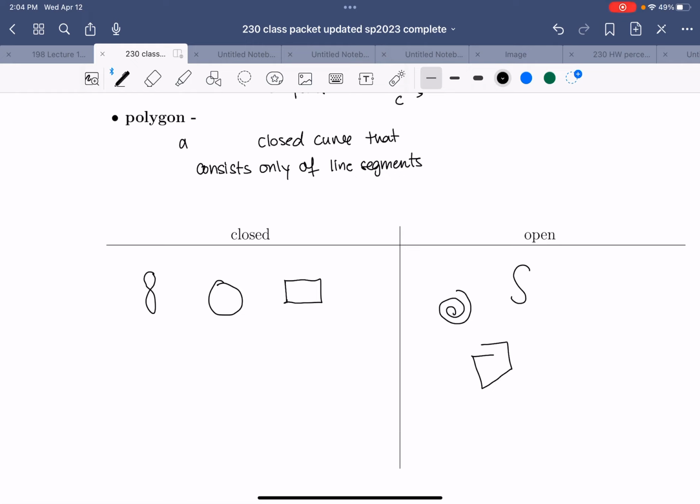It can intersect itself. It doesn't have to. The word simple and non-simple, or simple and complex, references whether it crosses over itself or not. So this one would be not simple or complex, whereas these would be simple closed curves, because they don't intersect each other.